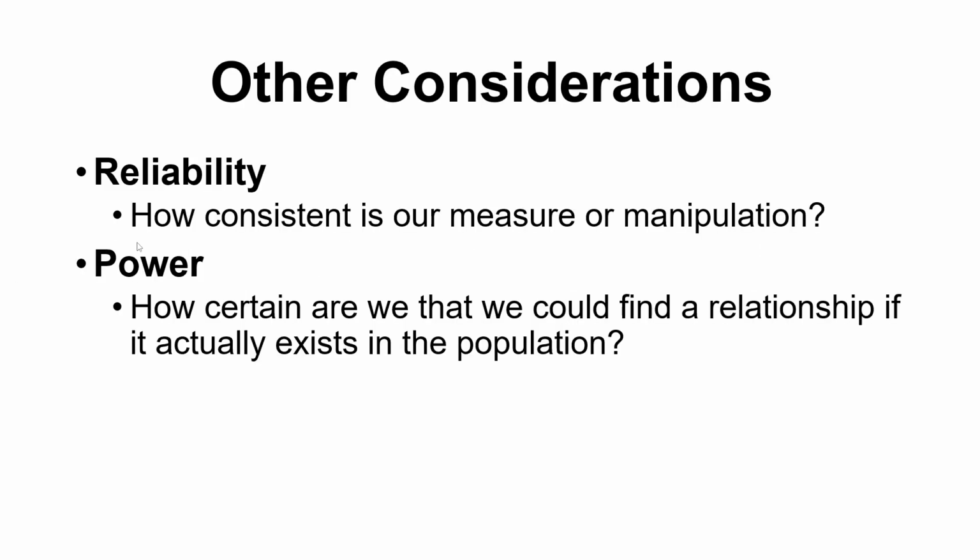Oops, too far. And now we get back to our other considerations of reliability and power. Reliability is looking at how reliable or consistent our measurements are. So if we have a reliable form of measure, it means that if you measured the same thing over and over again, you should consistently get the same reported value.